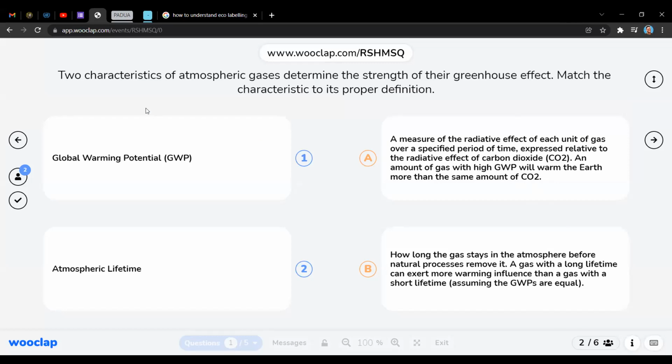Okay, 2 people have answered. So what 2 characteristics of atmospheric gases determine the strength of their greenhouse effect? Match the characteristic to its proper definition. Don't worry too much if you're not very sure, it's okay. So global warming potential and atmospheric lifetime. Which of these do you think is the definition of the other?